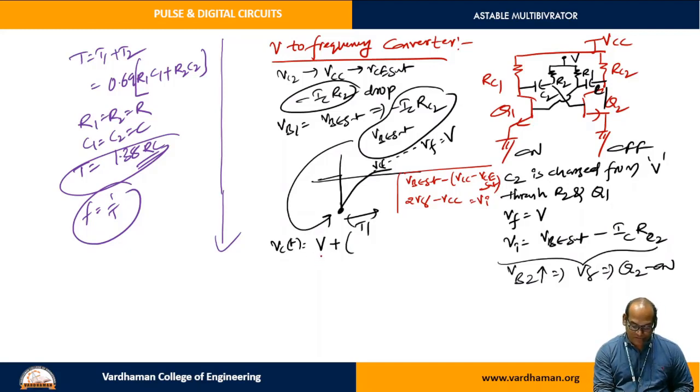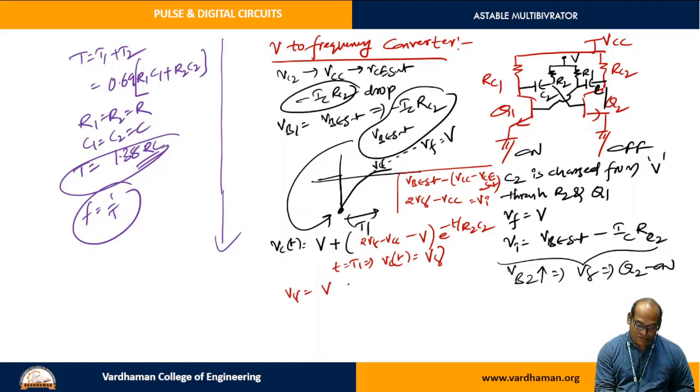So V final plus V initial means 2 times V gamma minus VCC minus V final, that is V, not VCC. So e power minus T by R2C2. When you take T equal to T1, this VC of T will become V gamma. By the completion of T1 seconds, it will reach V gamma.